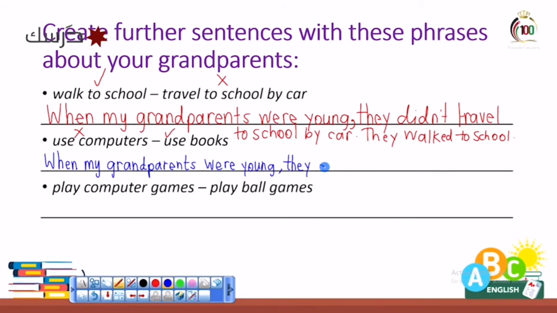They didn't use computers. What did they use? They used books. And a full stop at the end.